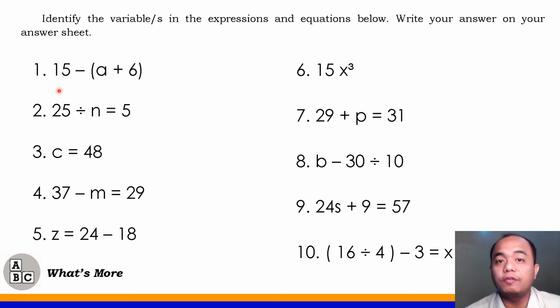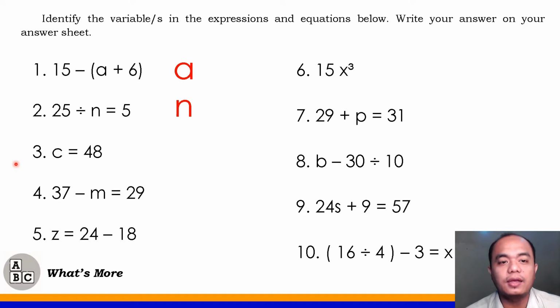Number 1, 15 minus the sum of A and 6. What is our variable used in number 1? Yes, very good. It's letter A. Next, number 2. The quotient of 25 and n equals 5. What is the variable we used here? Very good. It's letter N. Okay.